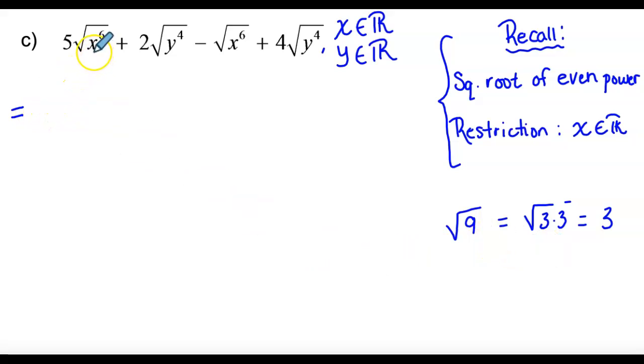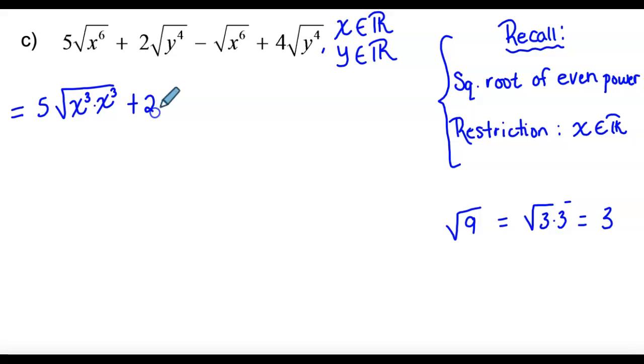Similarly, when we're going to take the square root of x to the 6, we could rewrite that as x to the power of 3 times x to the power of 3. Recall your rules for exponents. When you multiply, you add the exponents. So 3 plus 3, of course, would be 6. So we haven't changed anything except the way that it's written.